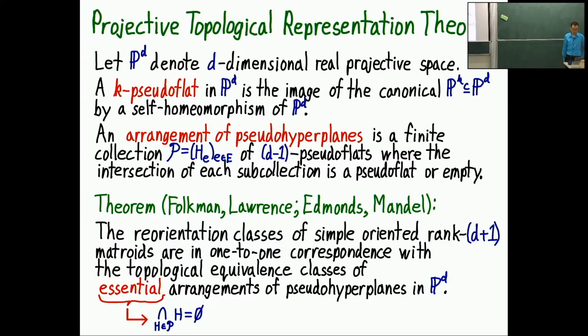So topologically, oriented matroids have this close tie to real space still, even if the affine one does not seem to. And yeah, thank you.